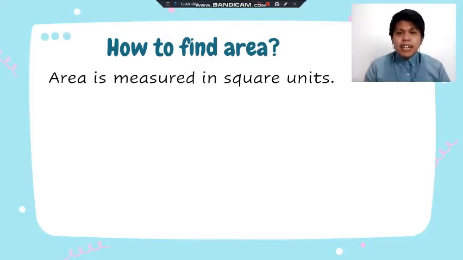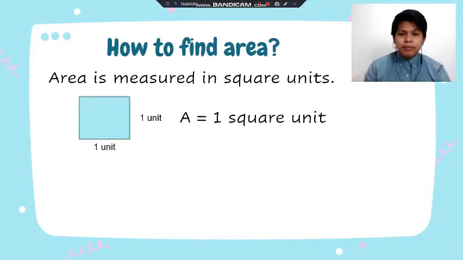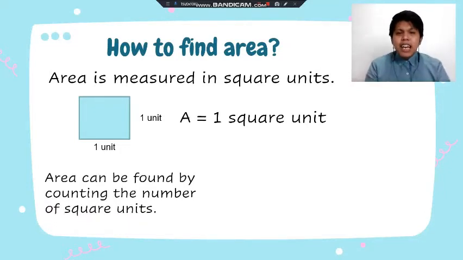Remember that area is measured in square units. So we have here 1 unit and 1 unit, and that is 1 square unit. Area can be found by counting the number of square units in a given shape.